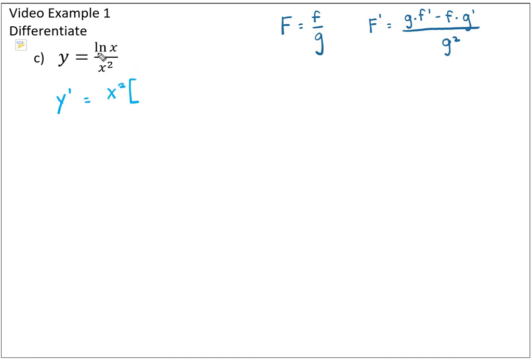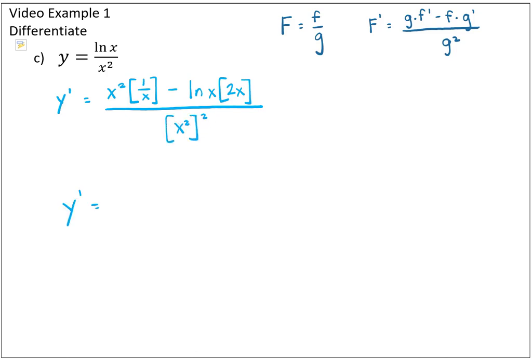The derivative of ln of x is 1 over x. And then we're going to subtract the numerator, multiply that by the derivative of the denominator. It should be 2x. And then we're going to write that over the denominator, the whole thing squared.